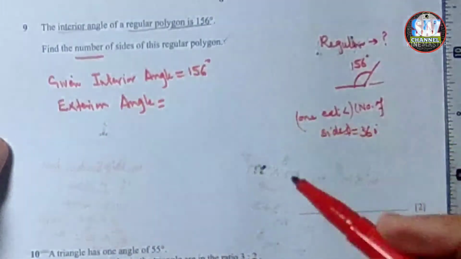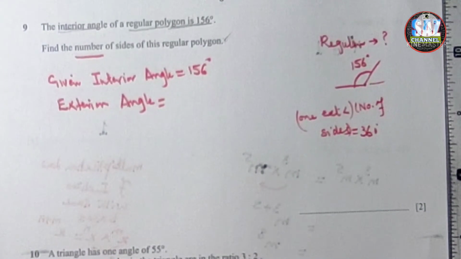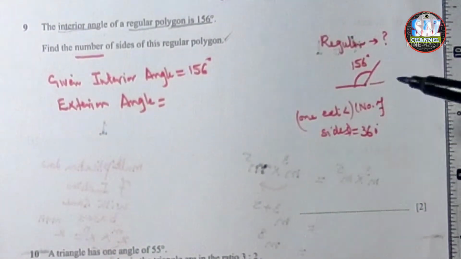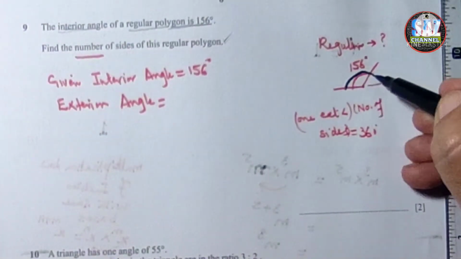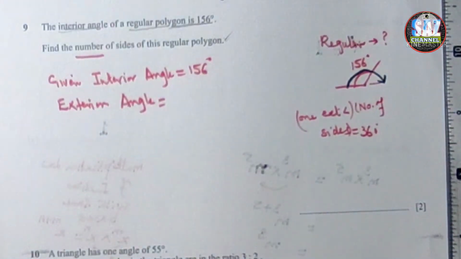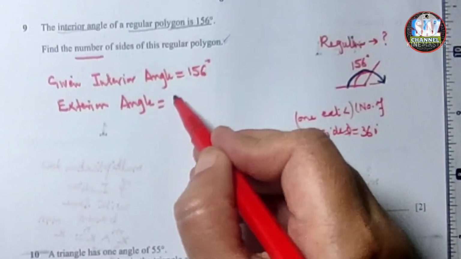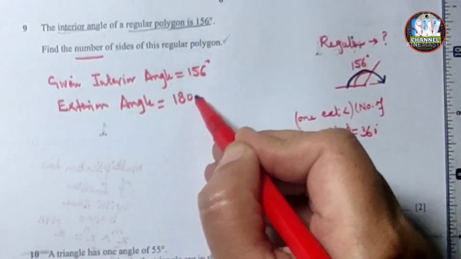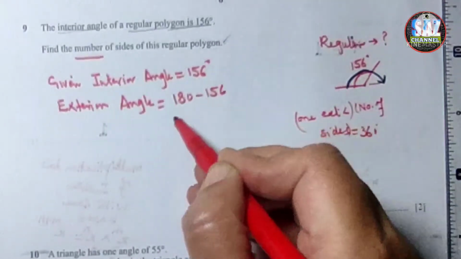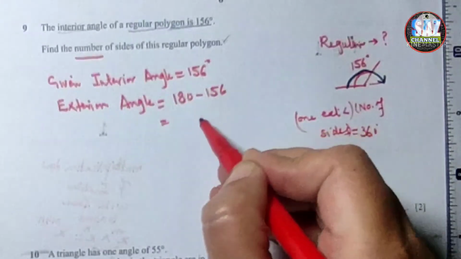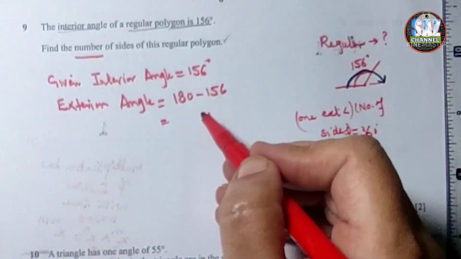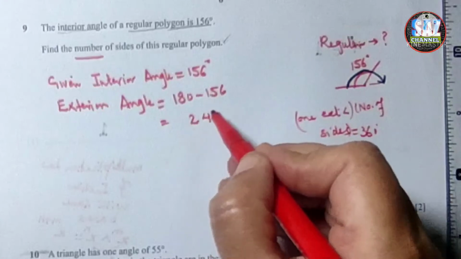You can see that they are making a semicircle. Let me draw the circle here. They are making a semicircle, so their sum will be 180 degrees. In order to get the exterior angle, we have to take away this 156 from 180, and I will be left with 10 minus 6 is 4, and then 7 minus 5 is 2.